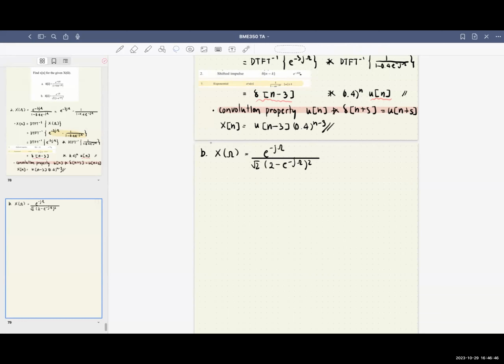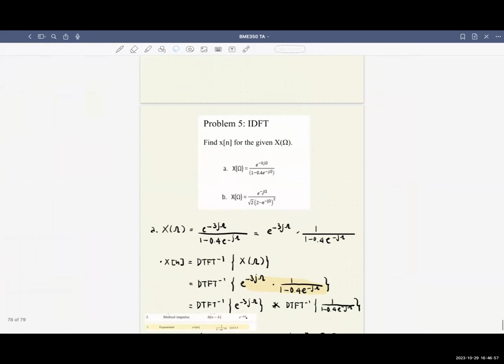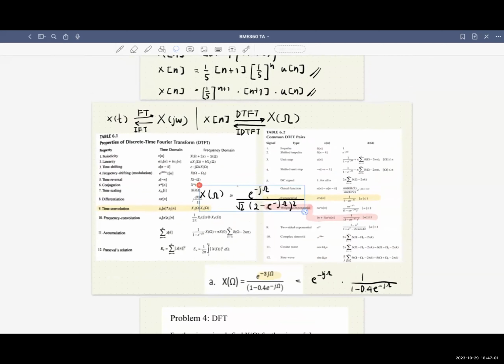Okay. Now let's look at the table that we have. Would anyone like to try and see what pairs or properties I should use to solve this question?